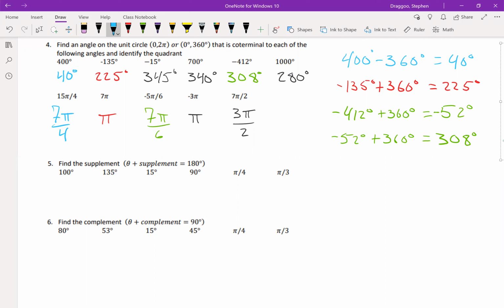So to find the supplement of an angle, I just want to take 180, and subtract that angle. So 180 minus 100 should be 80 degrees.